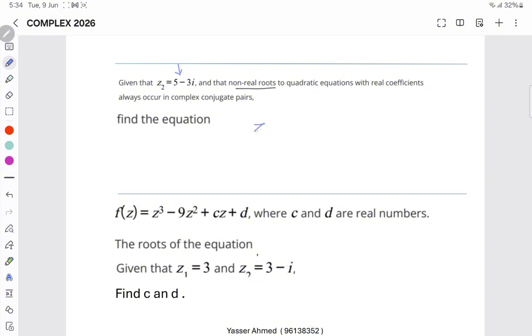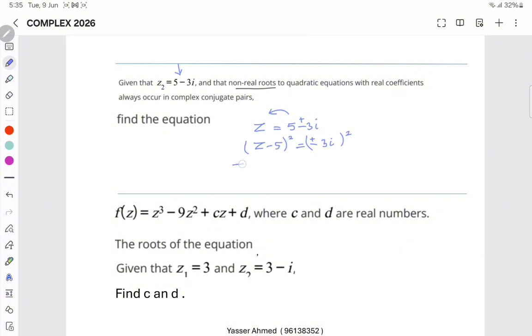So as you know, z is equal 5 minus 3i. So we change the real with z to keep i alone inside. So it will be z minus 5 equal negative 3i. And that it will be positive or negative. To remove i, we just square both sides.